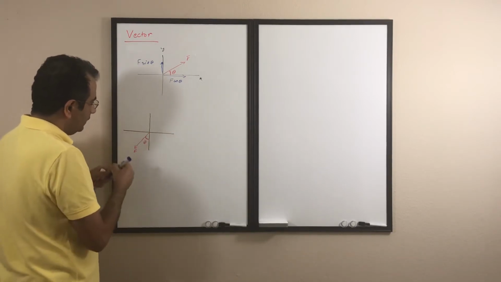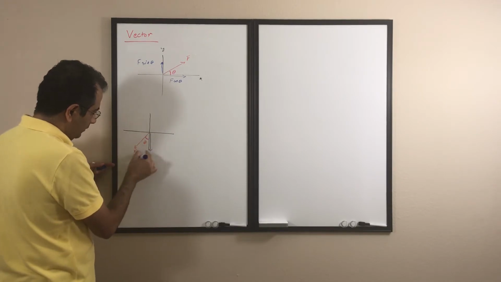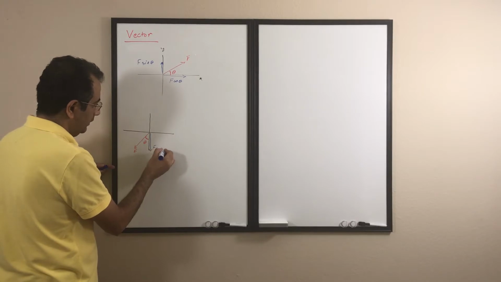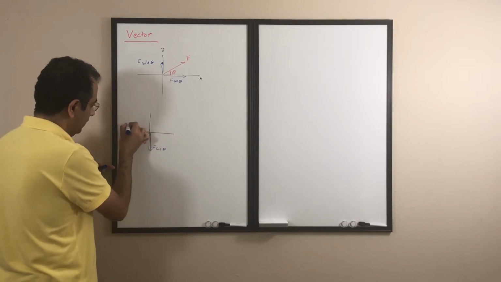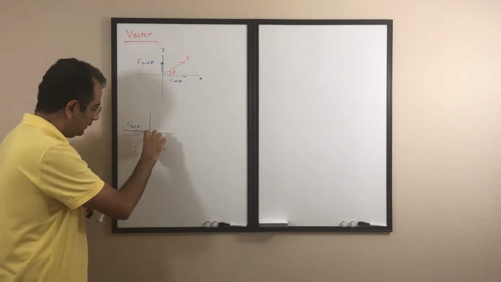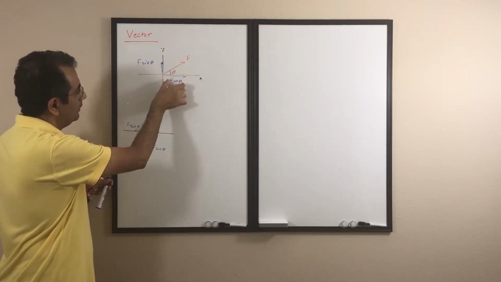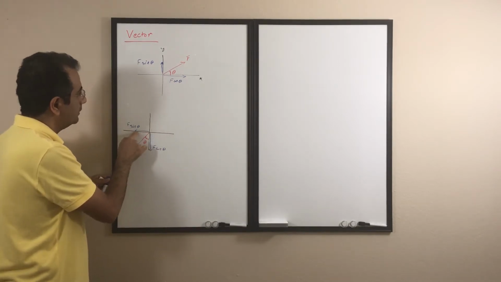The component that touches the angle is going to be F cosine theta, and the component that does not touch the angle is going to be F sine theta. So don't get yourself confused about x and y. Just look at it. The component that touches the angle is always cosine. So here, the one that touches the angle is cosine. Here, this one that touches the angle is cosine. And the one that doesn't touch the angle is sine.